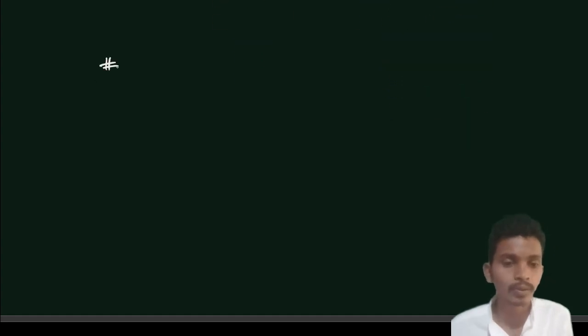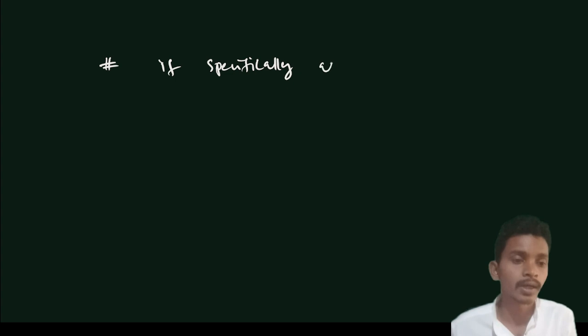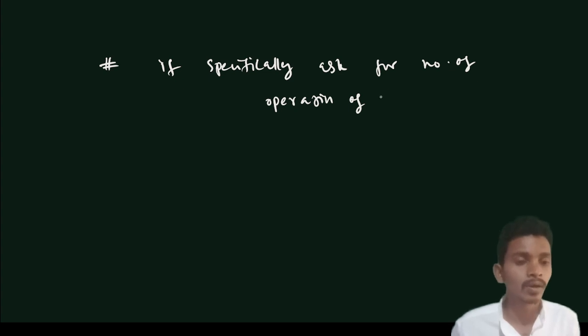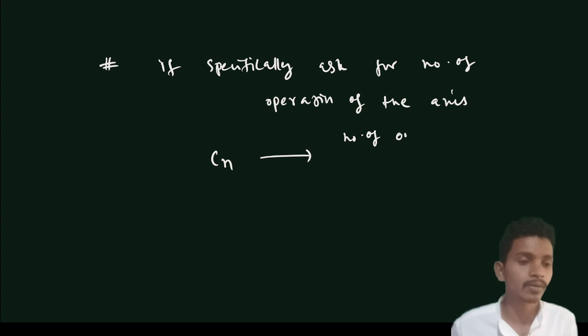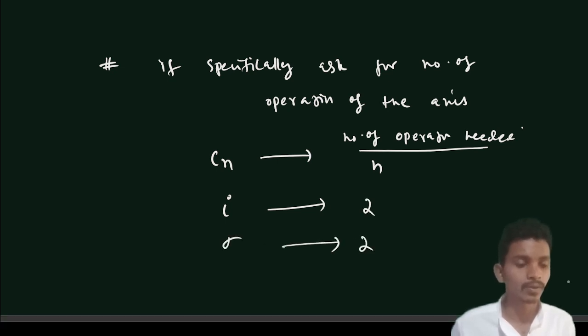Here it is important to note that if the question specifically asks for the number of operations of the specific axis, then if Cn is there, the number of operations needed is n; for I, the number of operations is 2; and for sigma, the number of operations is 2.